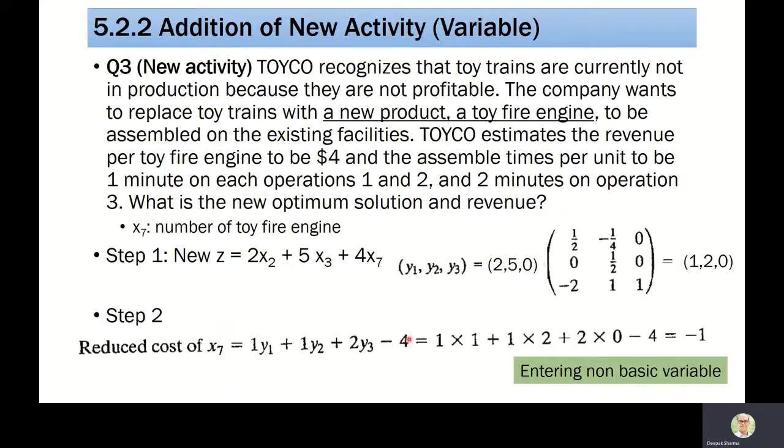Minus, you remember that we write the revenue. So the revenue of this new toy is 4, so we have written 4. So from the equation itself, we can write left hand side minus right hand side of the dual constraint corresponding to x7, and get the value, say -1. So this is the entering non-basic variable for the given problem.